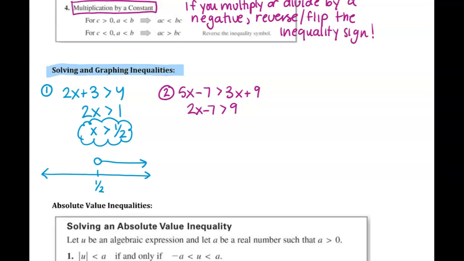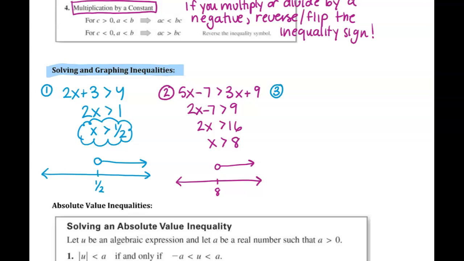And then if we add 7, we get 2x is greater than 16. Divide by 2, x is greater than 8. And if we graph this, similarly, say that's 8, greater than, it's going to be bigger, okay?